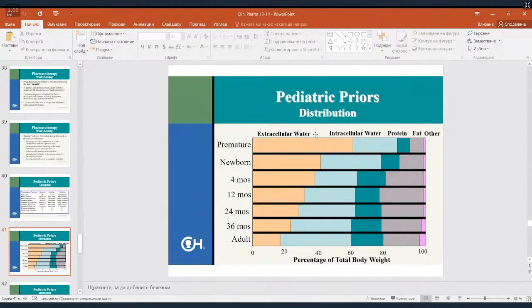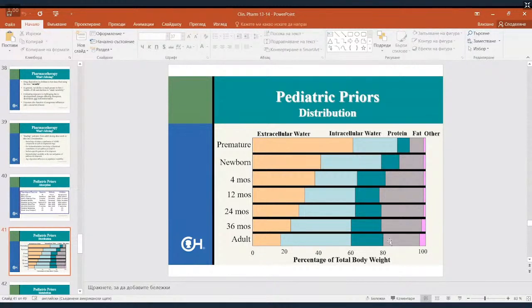Also, the percentage of extracellular water in premature children and in newborns is very high, and especially in the premature. With age, this extracellular water decreases, and you can see here percentage of total body weight for fat, protein, intracellular and extracellular water. And in adults, and especially in the geriatric population, you know that extracellular water is very low.